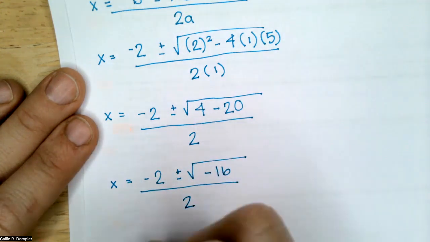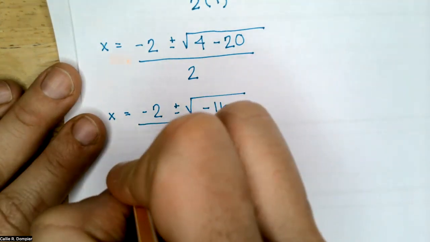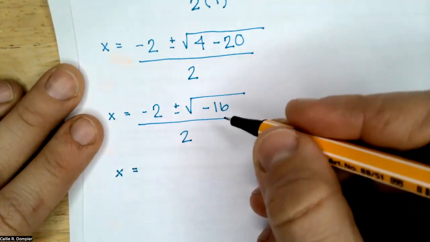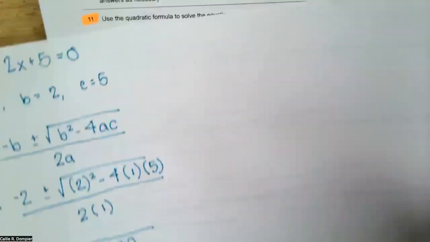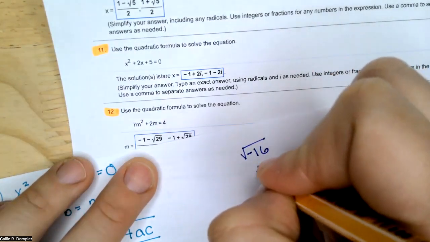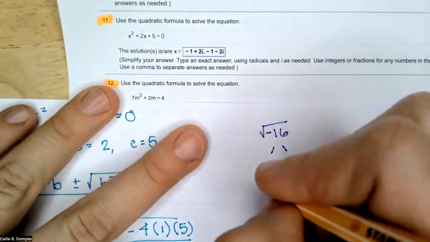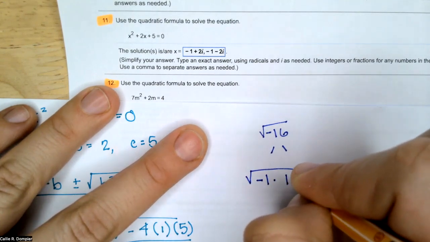over 2. Now, what you need to do is remember 7.7. 7.7 was all about taking something like the square root of negative 16 and transforming that into the square root of negative 1 times the square root of 16.